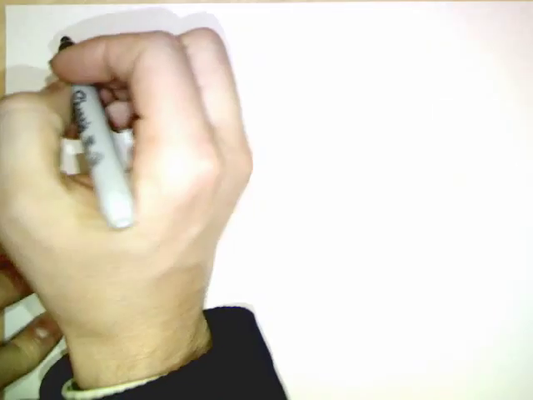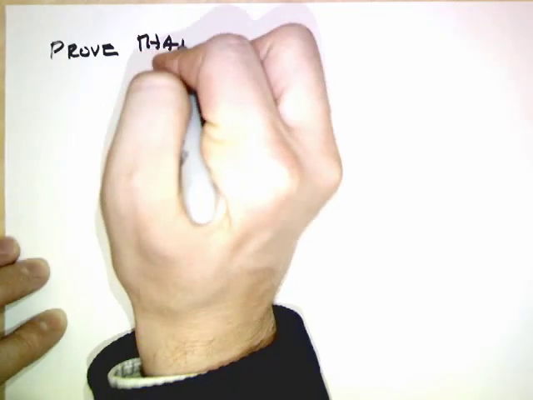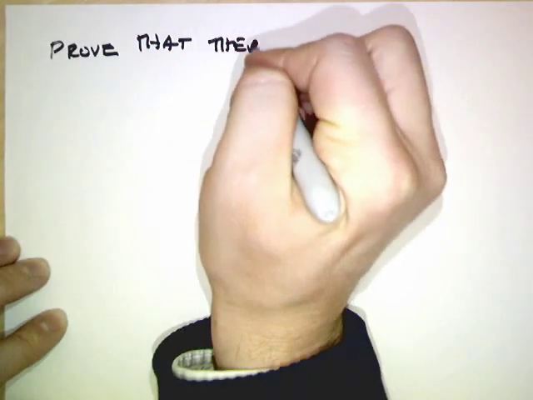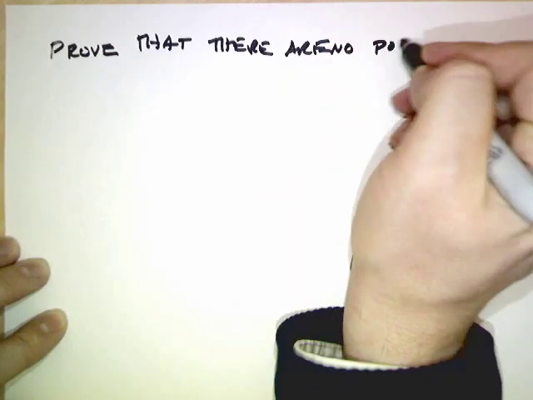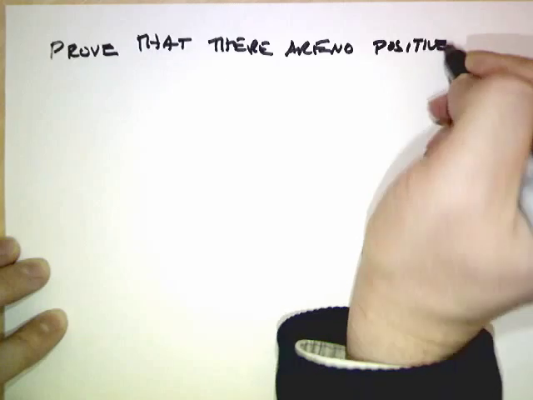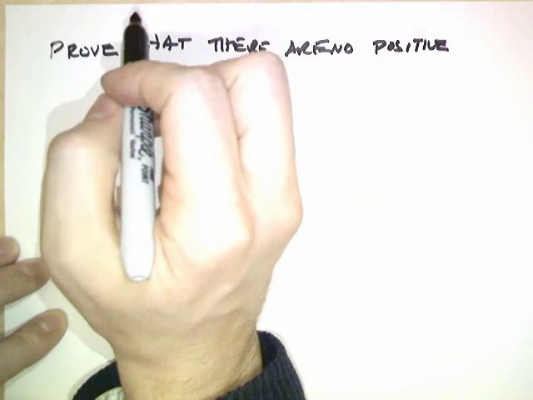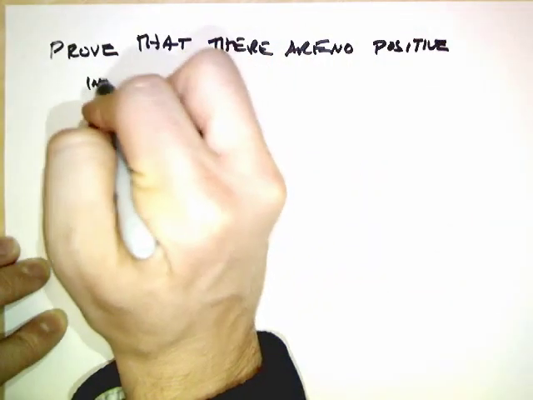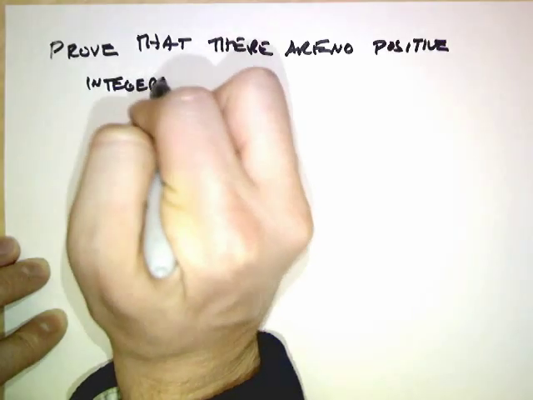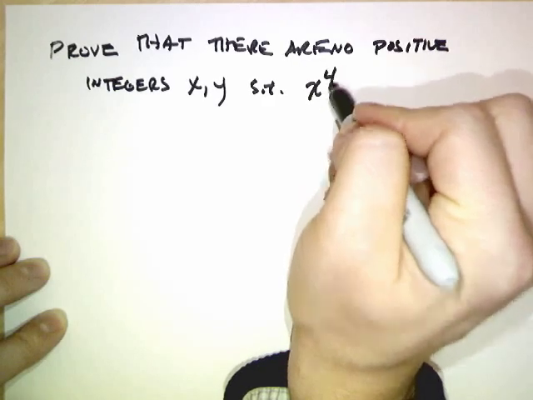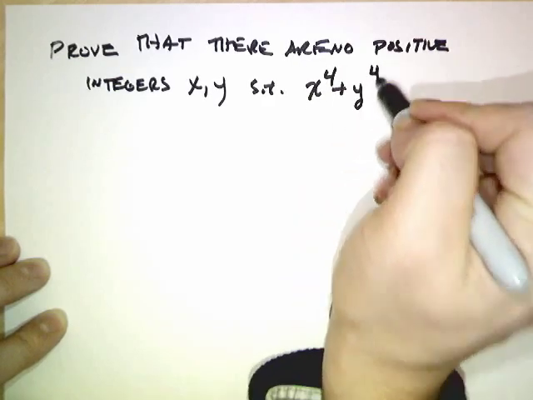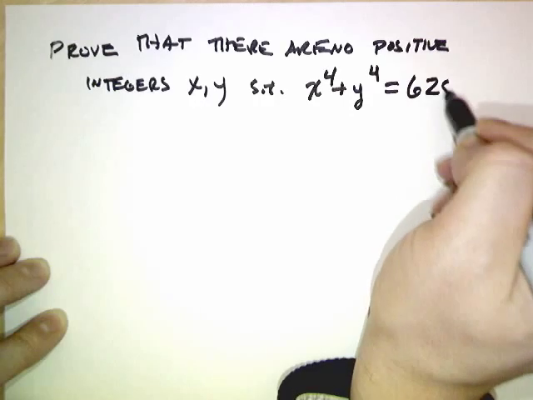Another example of the same flavor is, again, another problem from your Rosen book. Prove that there are no positive integers x and y such that x to the fourth plus y to the fourth equals 625.